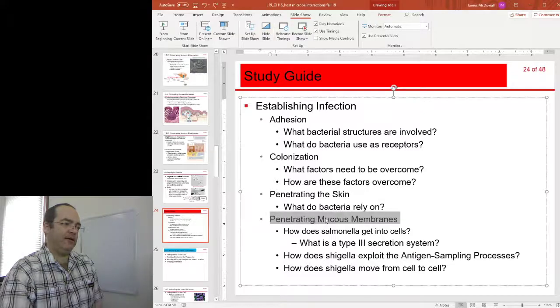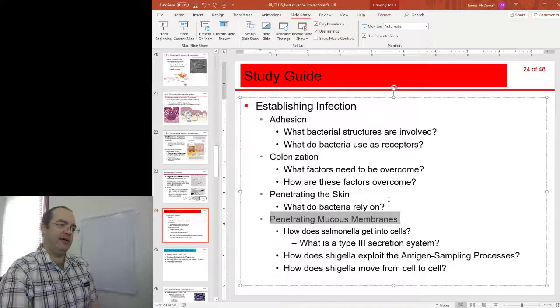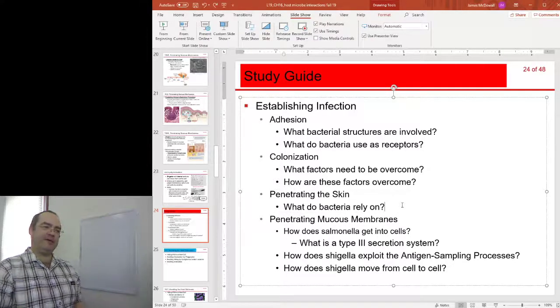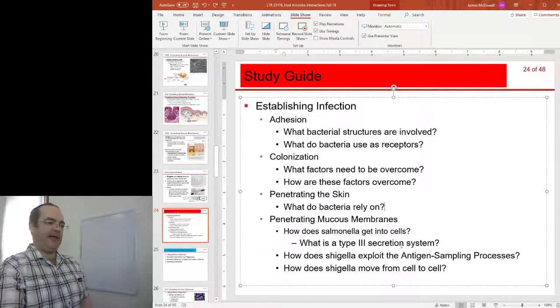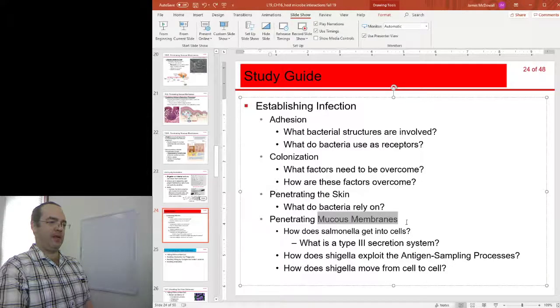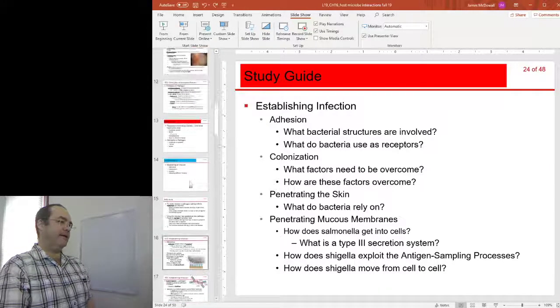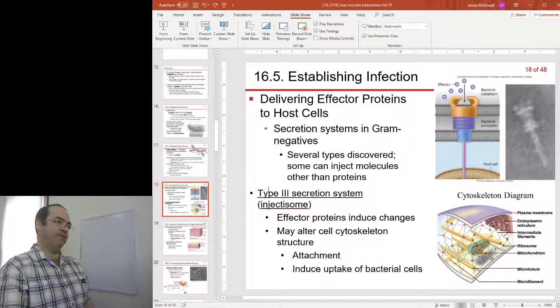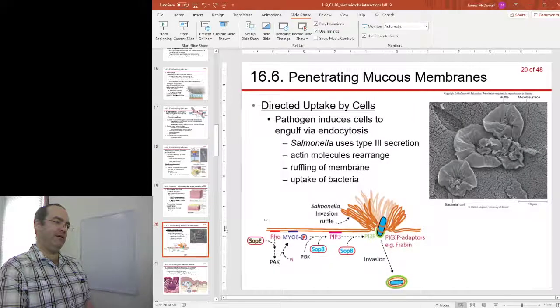Mucous membranes. These are a kind of a juicier target for bacteria. They're not as tough. They aren't as inhospitable. There's many ways that bacteria can penetrate our mucous membranes. Salmonella, that does it by causing the membrane ruffling.